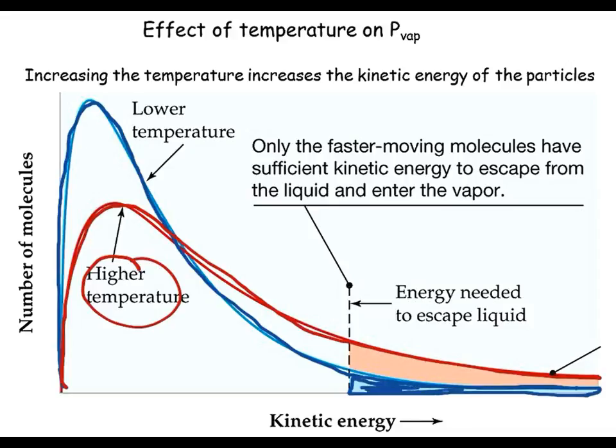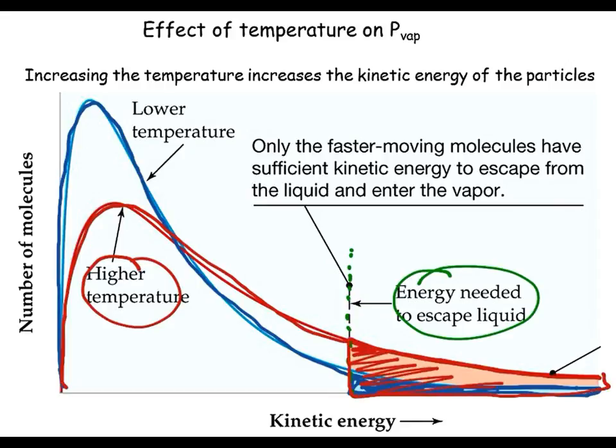That's supposed to represent the number of molecules that would successfully escape into the vapor phase. This dashed line here is meant to represent the energy that's required for a liquid to escape into the vapor. And then at higher temperature, you can see that there's a much larger shaded region. And that's what's important here, that we have many, many more molecules that can escape into the vapor.